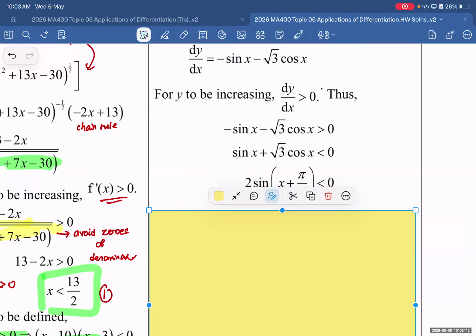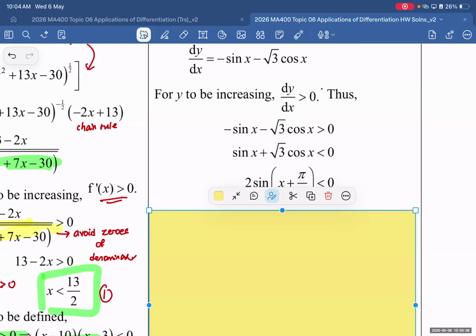Okay, what do I mean? Some of you get something like this: sin x plus square root 3 cos x less than 0. Some of you might do something like this. Is it correct?